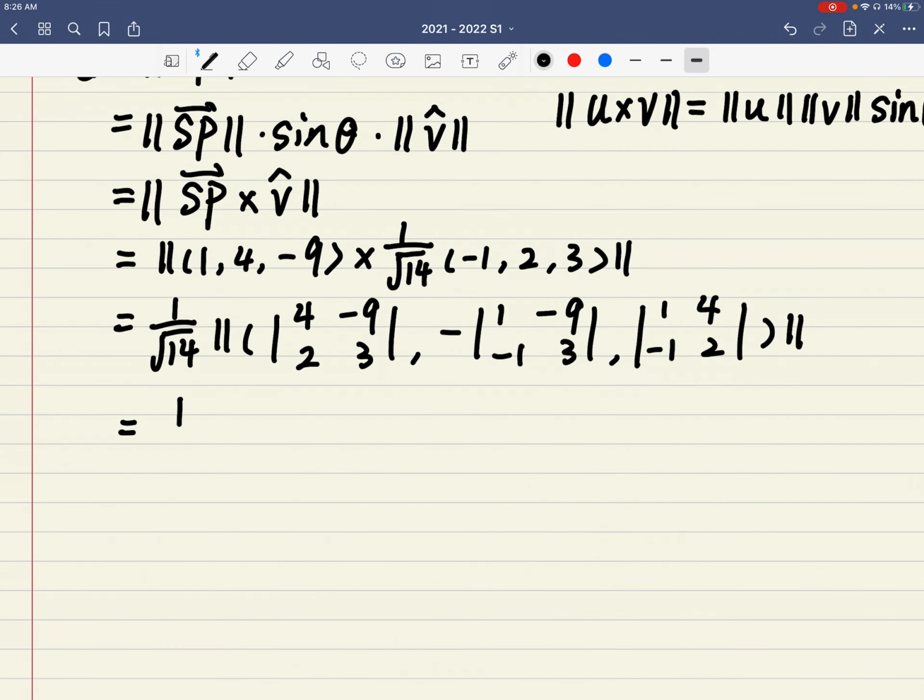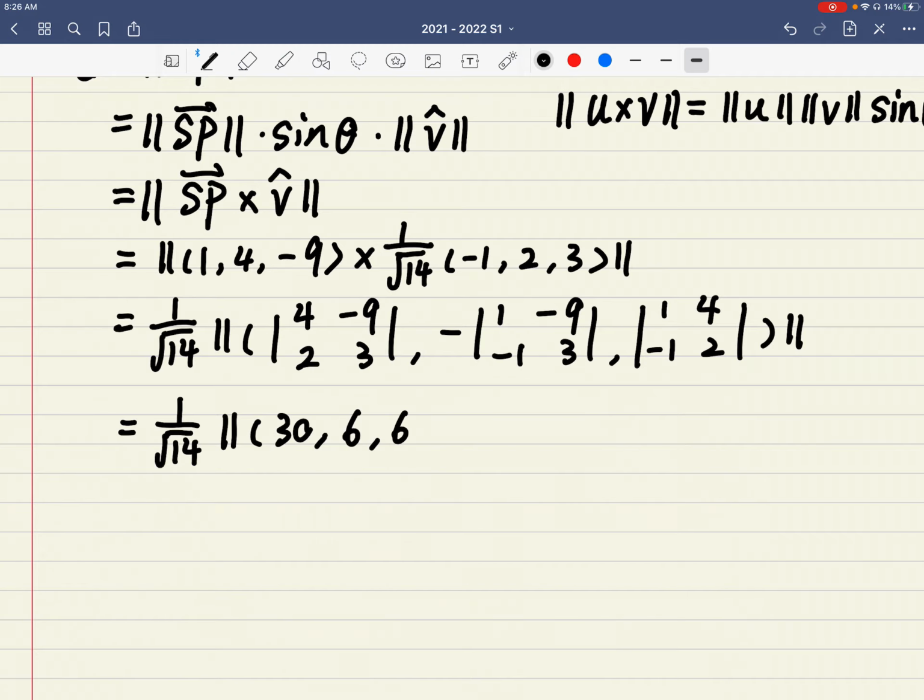So it's 1 over square root of 14 times the vector: 12 minus 18, which is -30; here 3 minus 9 is -6, so positive 6; and here 2 minus negative 4 is 6.